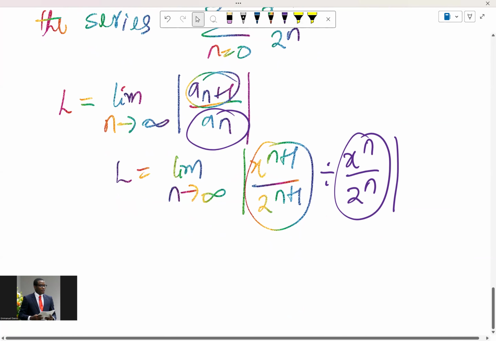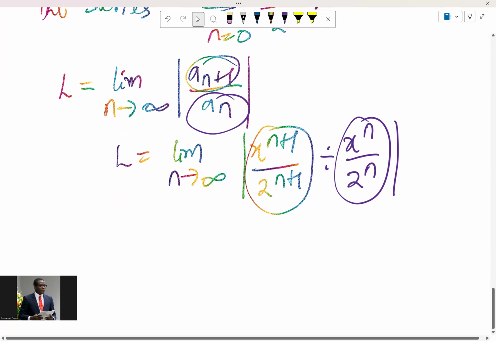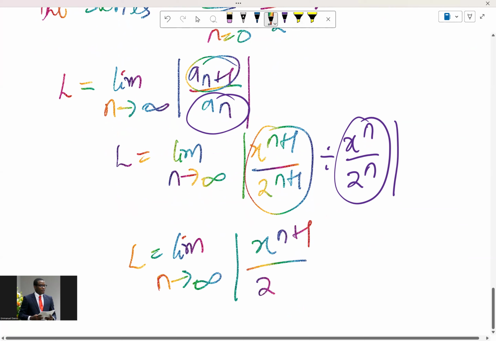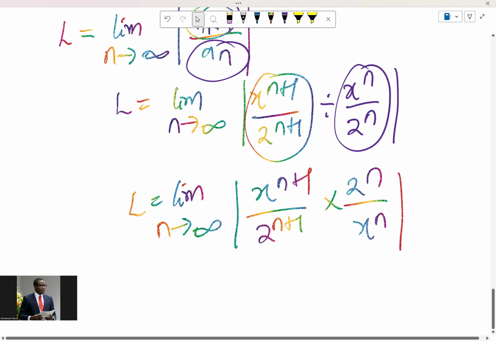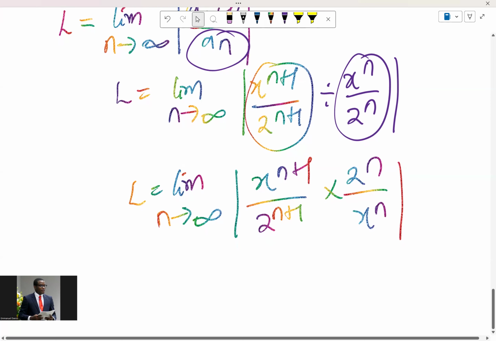Okay, so we can begin to tidy all of that up so that we have L to be the limit as n approaches infinity of x raised to power n plus 1 all over 2 raised to power n plus 1, times 2 raised to power n all over x raised to power n. Division turns to multiplication when we reverse the denominator and numerator.